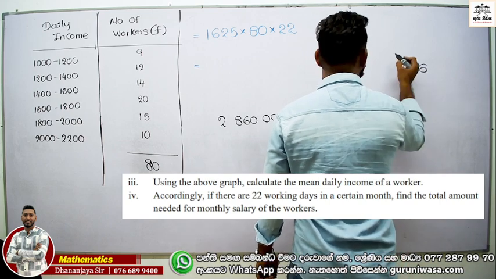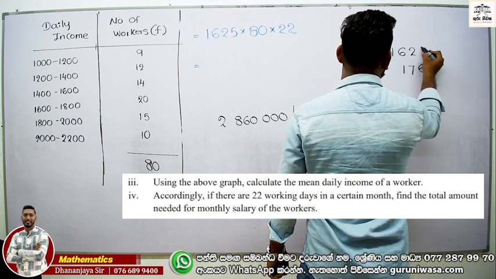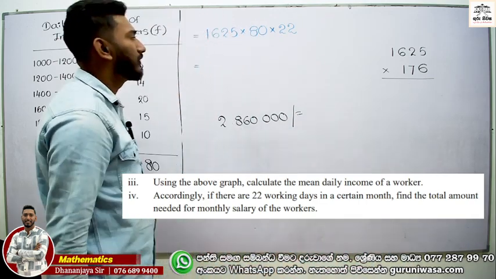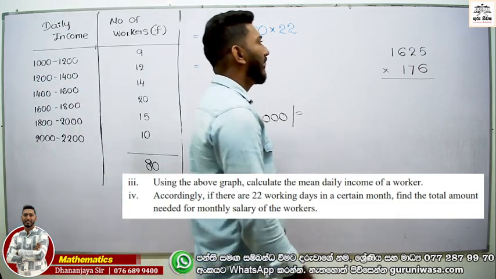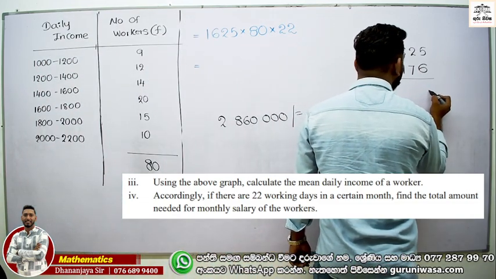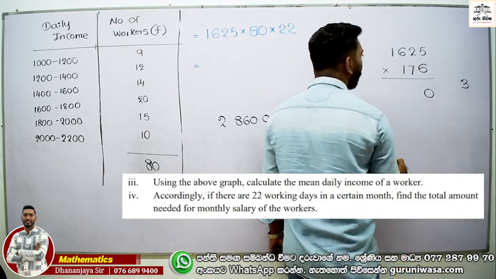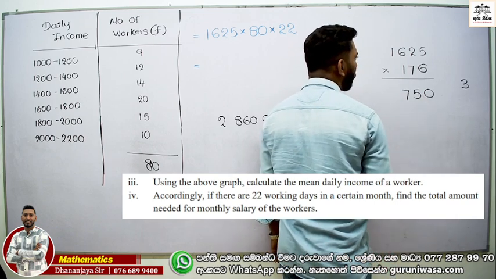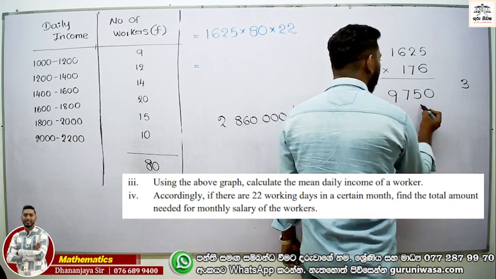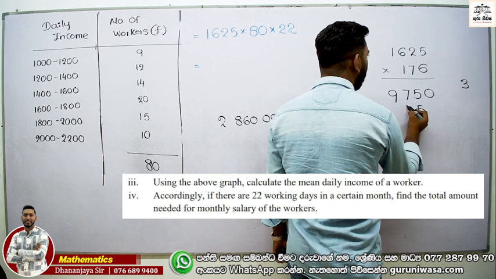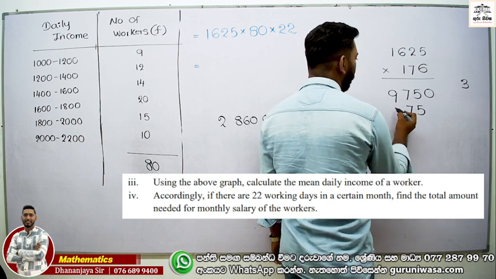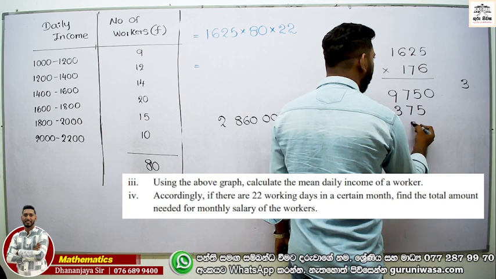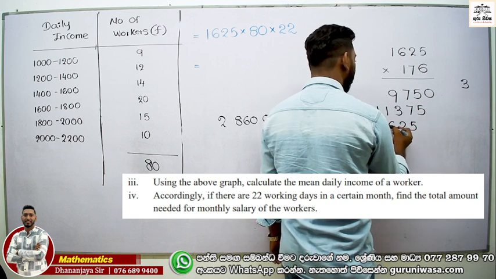Now you can multiply by the 1625. 6 times 5, 30, 3 remainder, 12, 15, 1 remainder, 37, 3 remainder, and 9. 7 times 5, 35, 3 remainder, and the 17, 1 remainder, 43, 4 remainder, and 11. Now 1 means the same one, 5, 2, 6, 1.